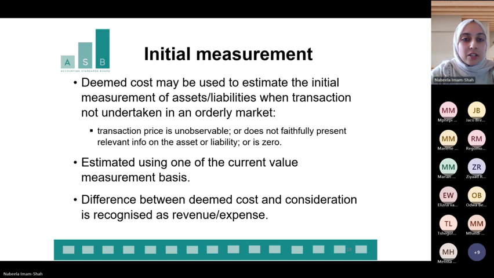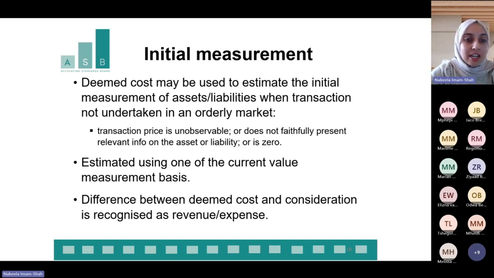Okay, so now let's discuss deemed costs with respect to initial measurement. Deemed cost may be used to estimate the initial measurement of assets or liabilities when the transaction is not undertaken in an orderly market.